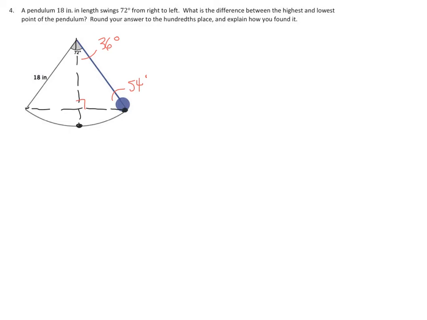So sine of 54 will give us the length from the top of the pendulum to where the horizontal and vertical lines meet. So sine of 54 equals opposite over hypotenuse.